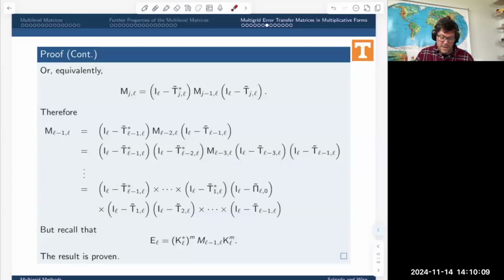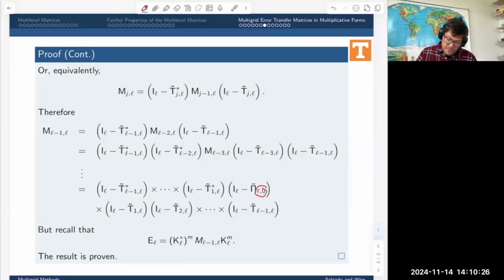And when I get to the bottom, I'm eventually going to run into this matrix here, IL minus pi L tilde 0. Is that right? Or should that be, I think, that should be reversed.